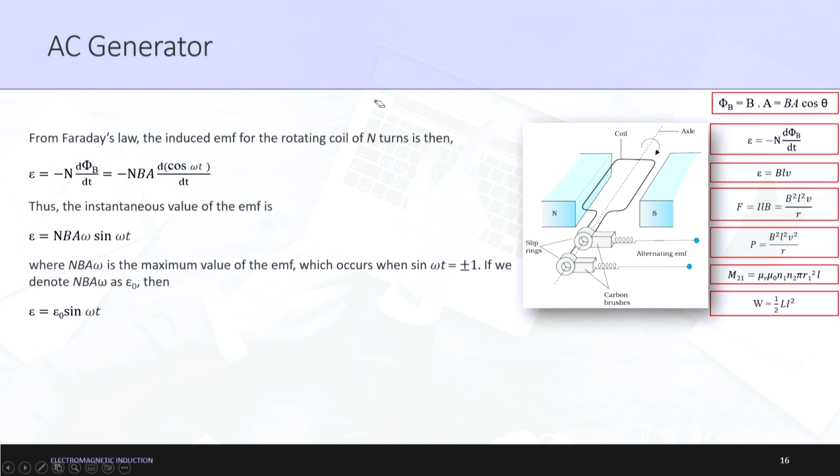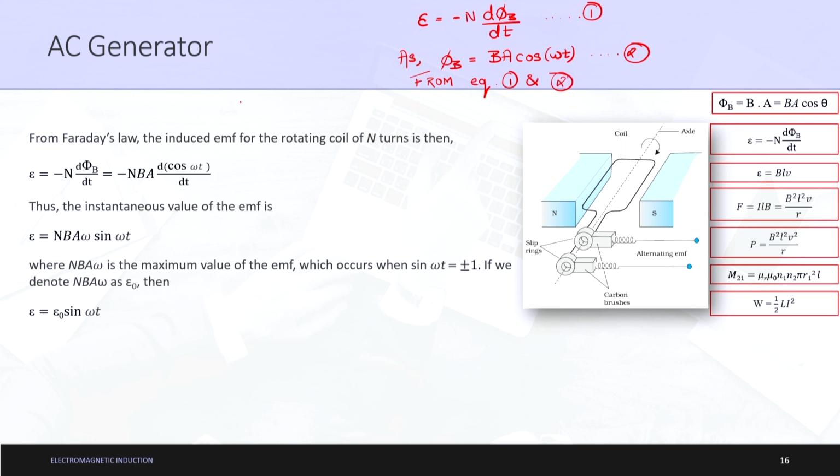Let me iterate how this equation came. As B and A are constant, they can be taken out of the differentiation.